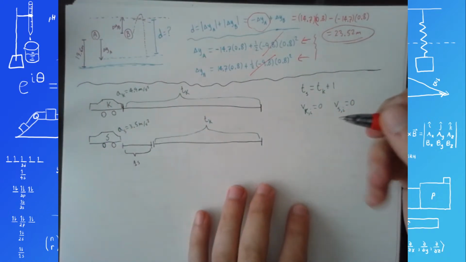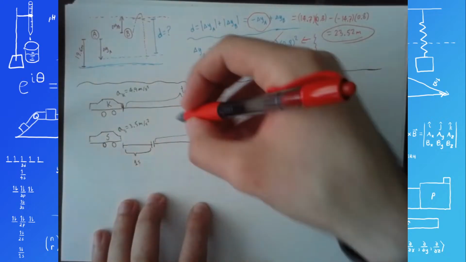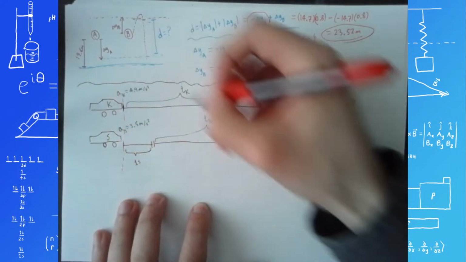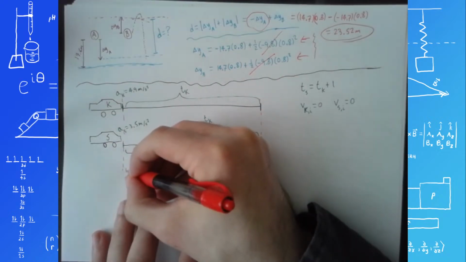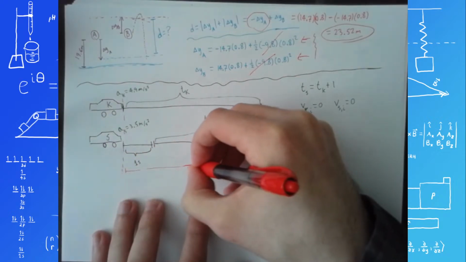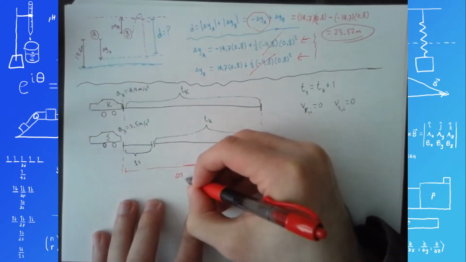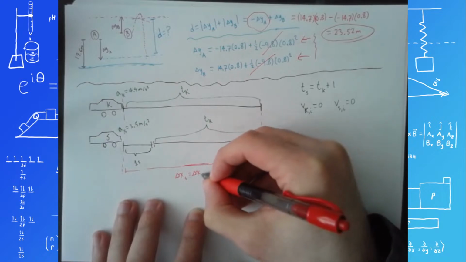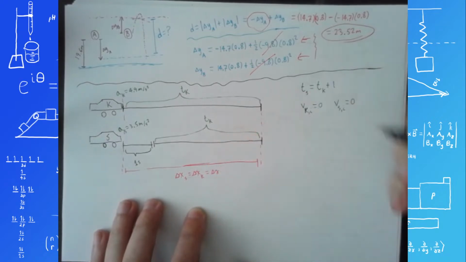So they should both achieve the same delta x, right? They should both have the same delta x. Delta x Stan equals delta x Kathy. I'll just call it delta x in general.